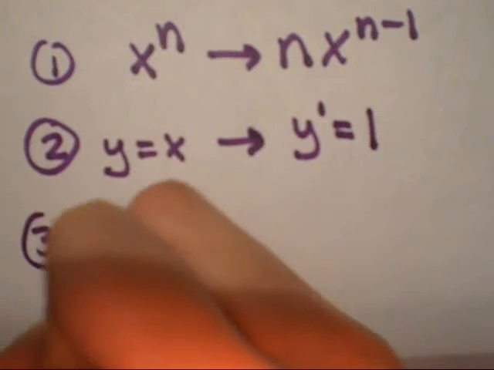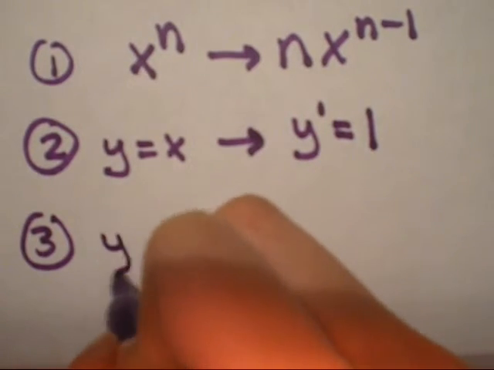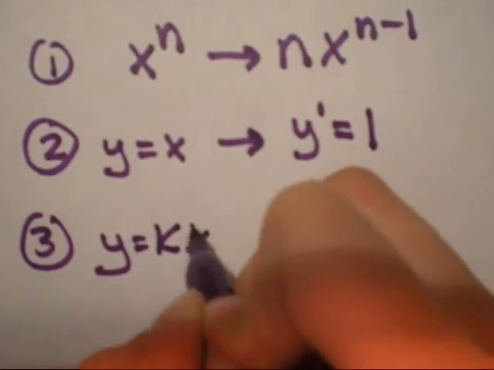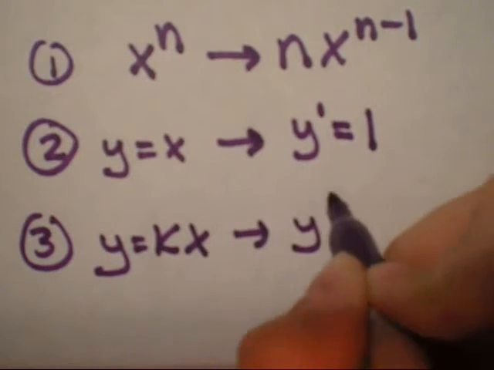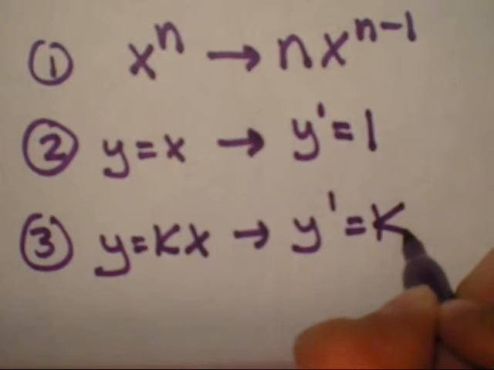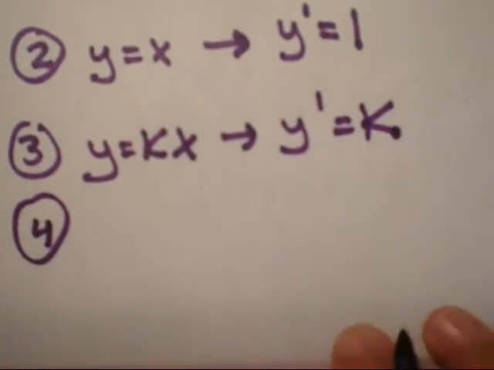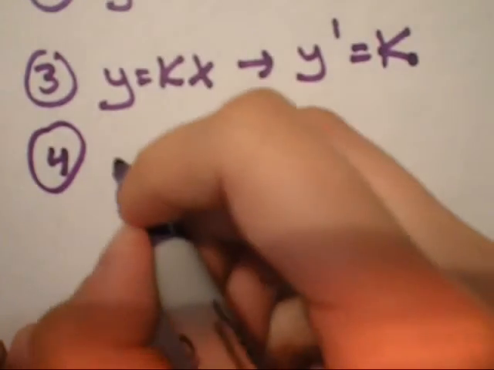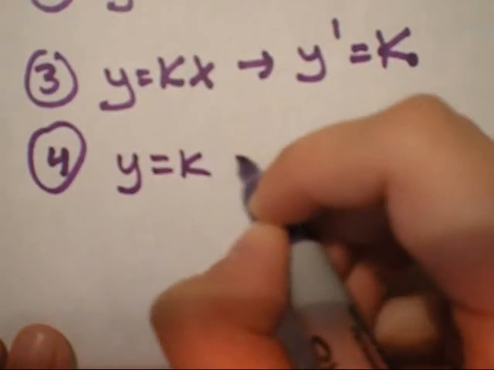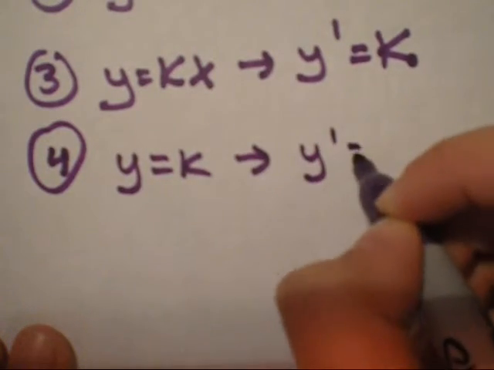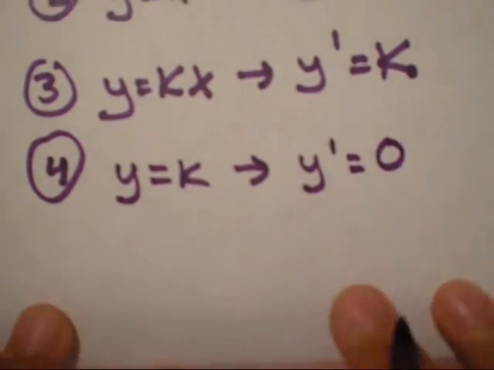Our third rule, if we have y equals some constant times x, then our derivative would simply equal that constant. And our fourth and final rule, if y equals some constant, then the derivative of y will always equal 0.